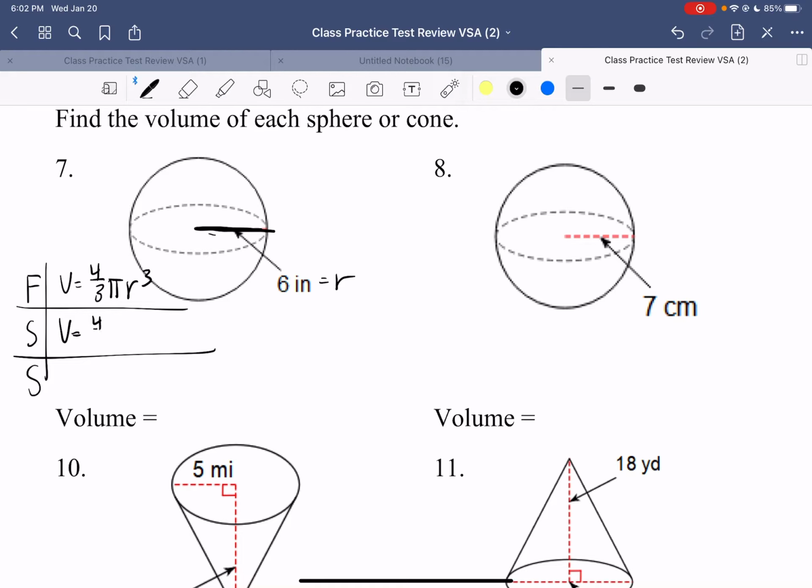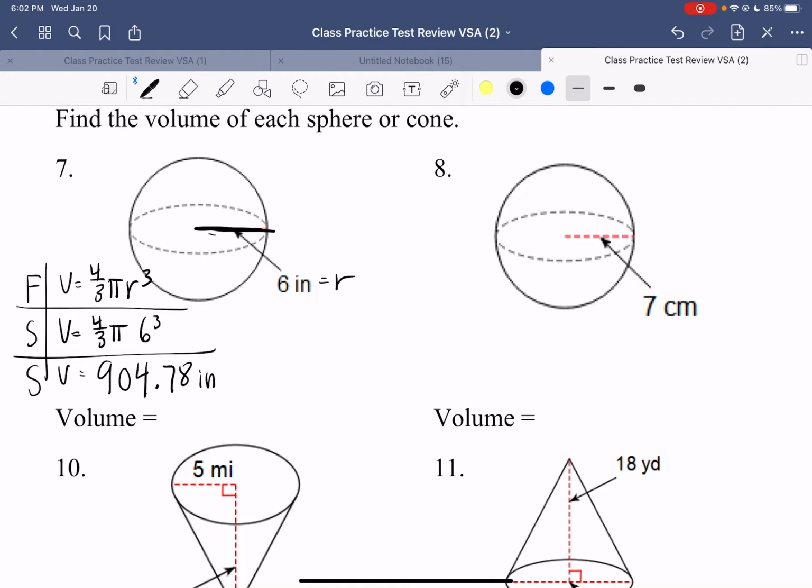So 4/3 times pi times 6 cubed. So in your calculator, 4/3 pi times 6 cubed, which gives us the volume of 904.778. And that's going to be inches cubed.